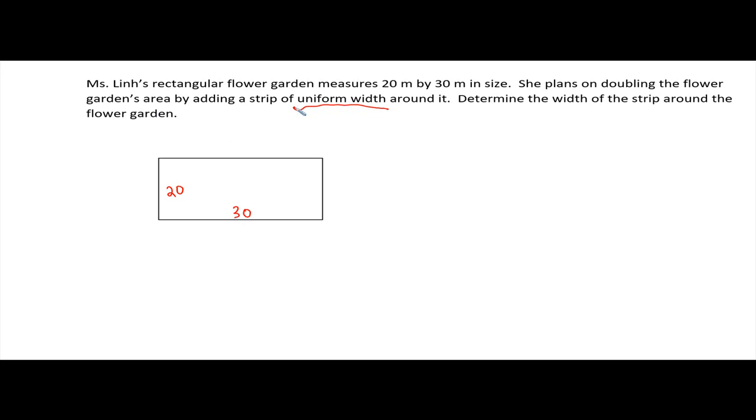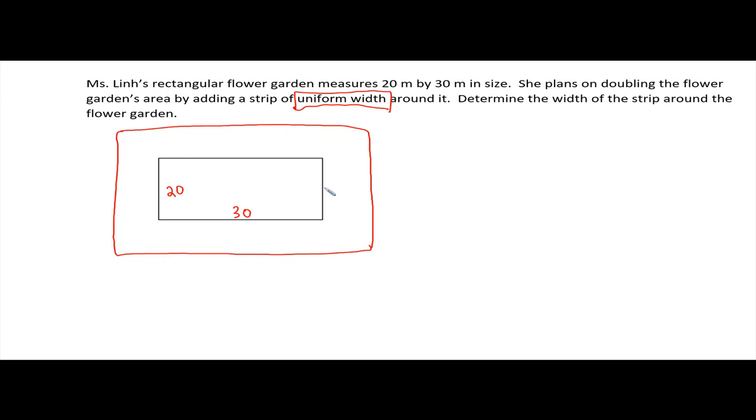So whenever you're dealing with a uniform width question, you should be thinking there's going to be some sort of border around this. And this border is going to be the same width going all the way around. So whatever this width is right here, it's going to be the same all the way around, right?